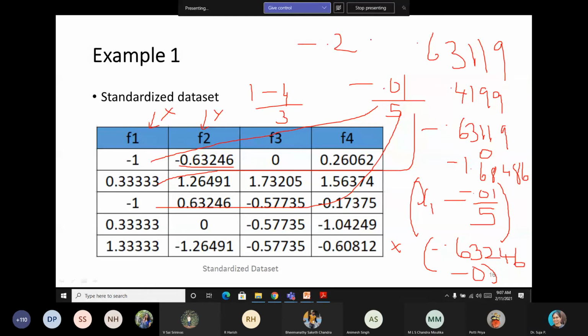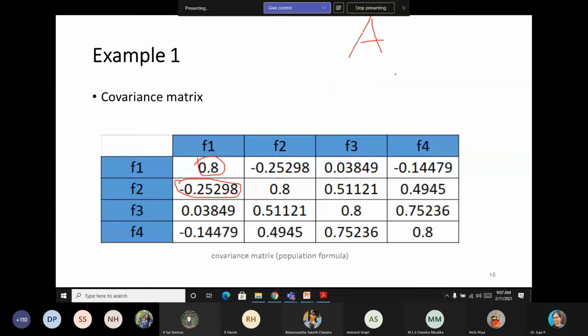Minus 0.2529 I got actually, the same thing. If you calculate and see, you will get this.